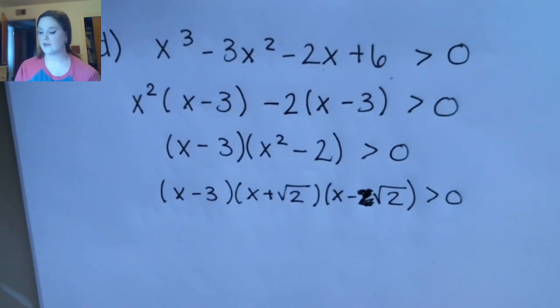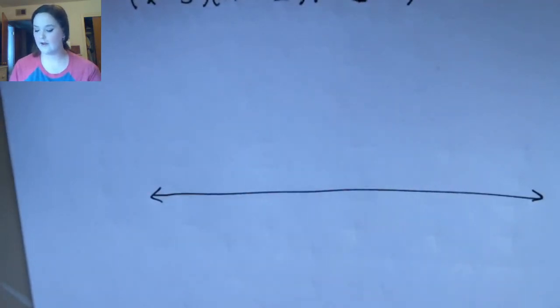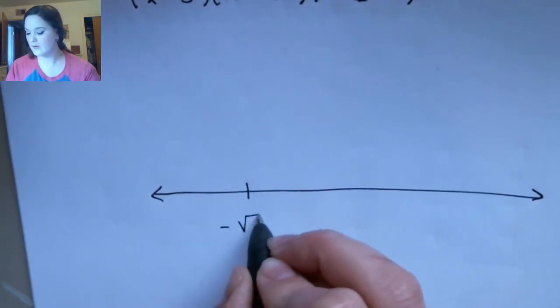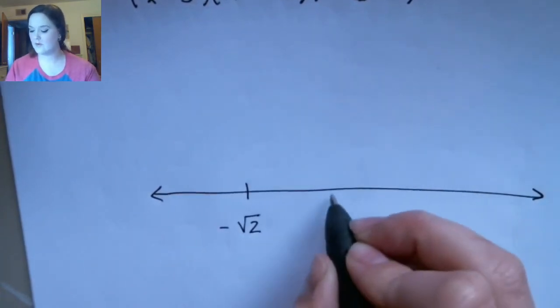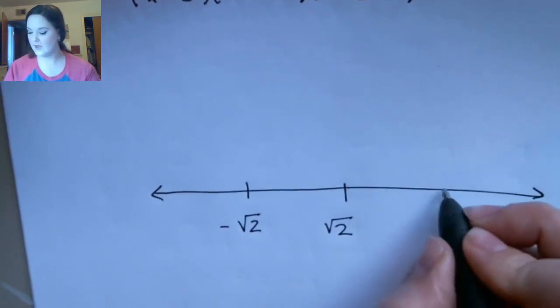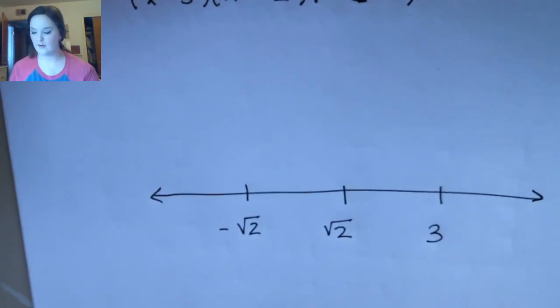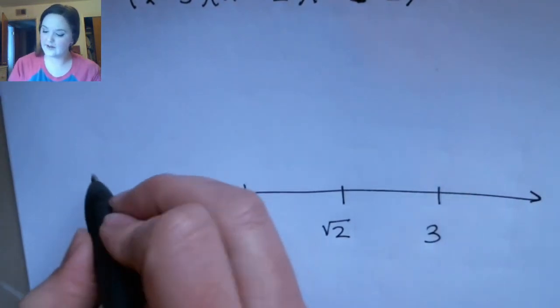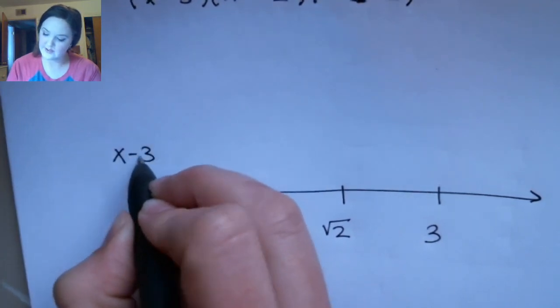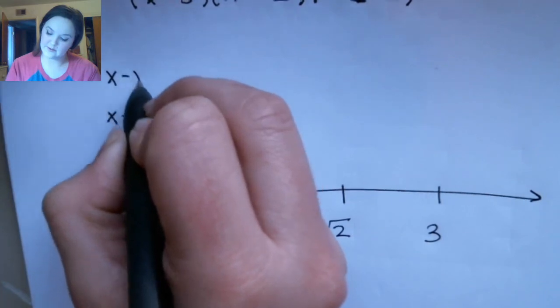All right, so let's make our sign chart. I have minus root 2 as one of my roots, positive root 2, and then 3. Then I'm going to list my factors: x minus 3, x plus root 2, x minus root 2.